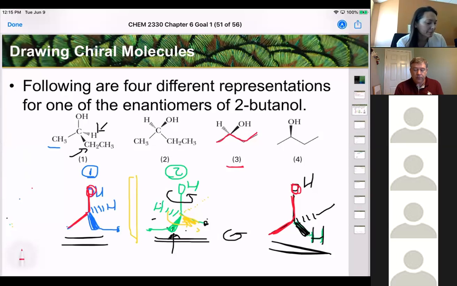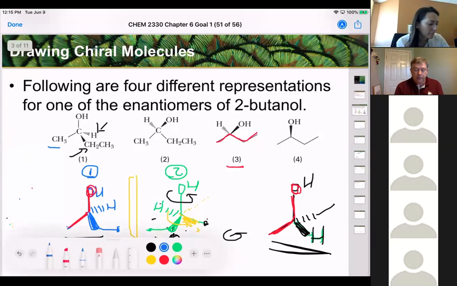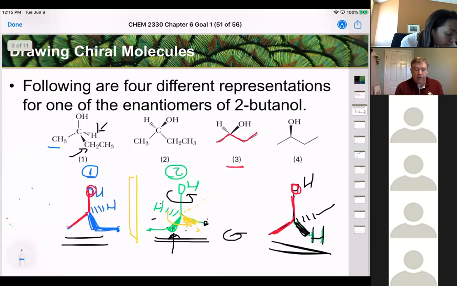And if we start doing that, we see that there is an ethyl group on our original number 1 compound, but there is a hydrogen in that position in our number 2 compound. Therefore, the hydrogen and the ethyl are not equivalent, therefore they are not superimposable, okay?